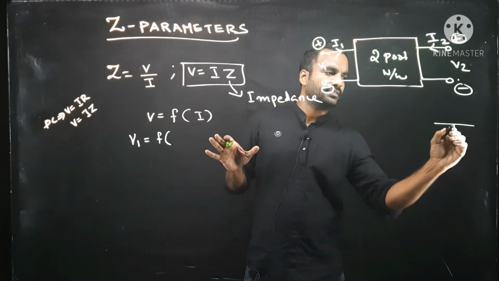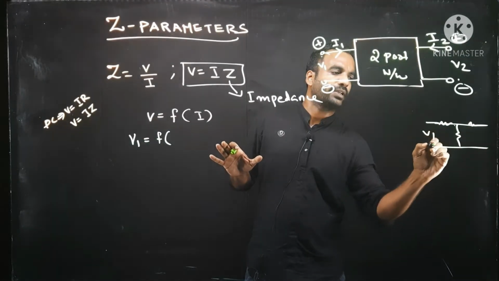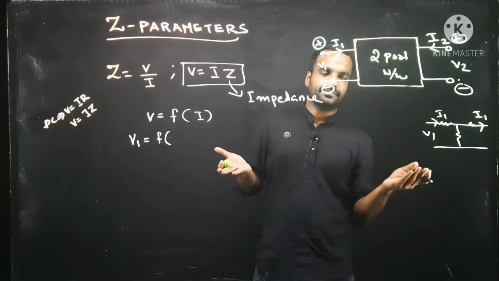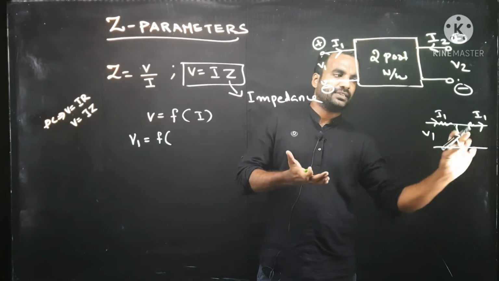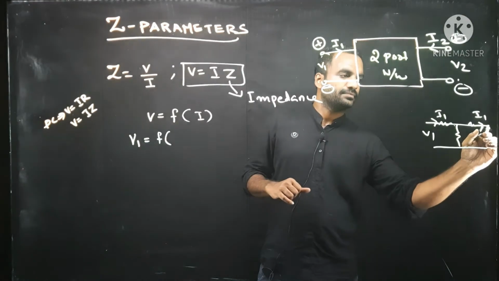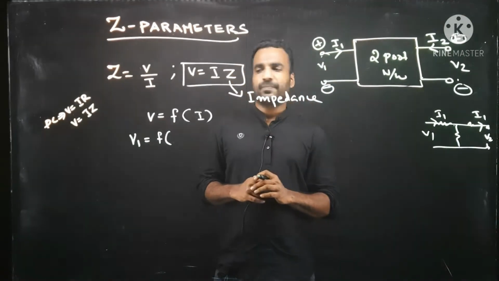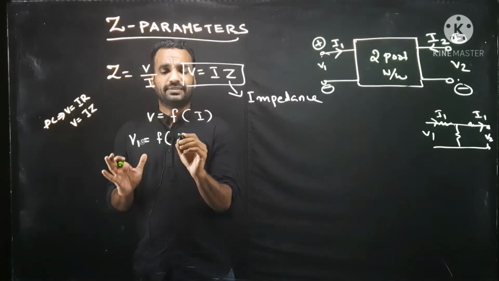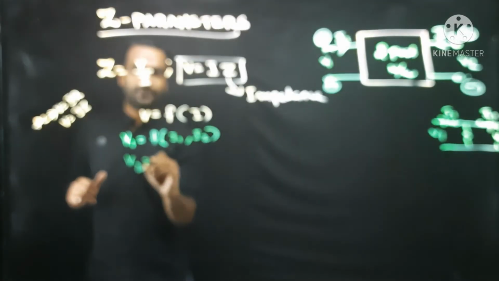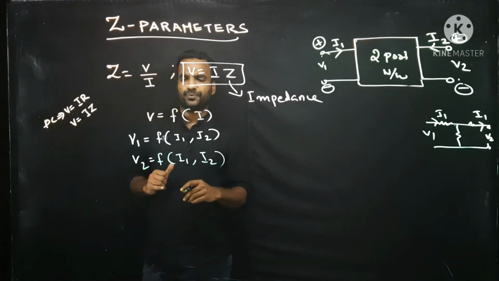We can easily say this voltage depends upon this current and this current, and vice versa. So anyhow, voltage V1 is a function of both I1 and I2, and similarly V2 is a function of both I1 and I2.